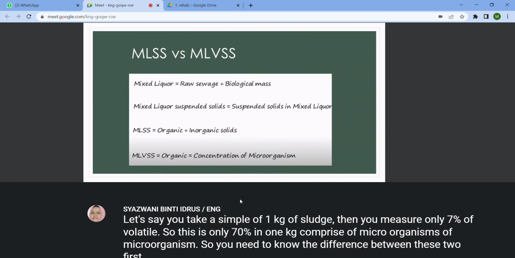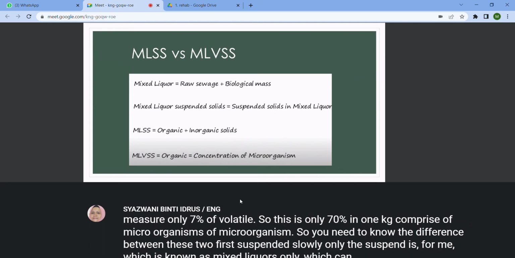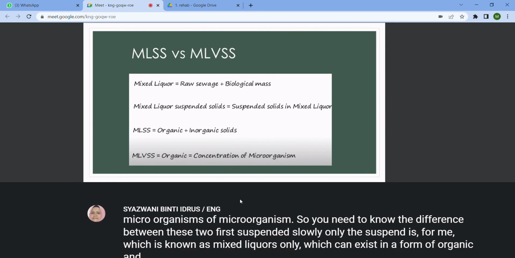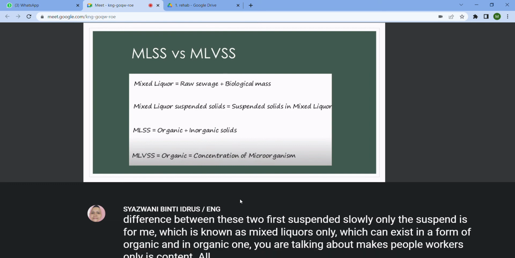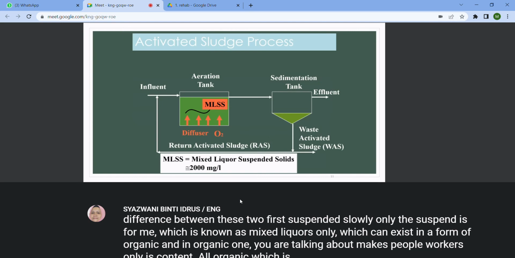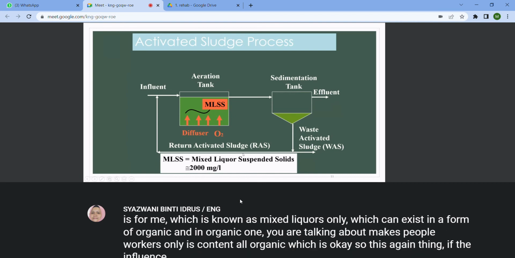First, suspended solids, known as mixed liquor suspended solids, can exist in the forms of organic and inorganic. While mixed liquor volatile suspended solids contain all organic matter, which is the microorganisms. This is the aeration tank, the influent, and the return activated sludge.